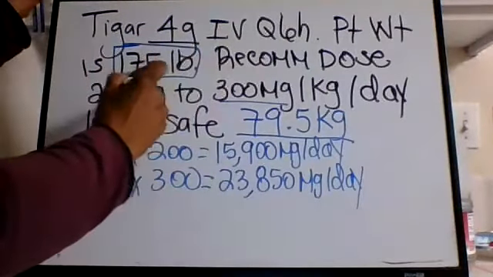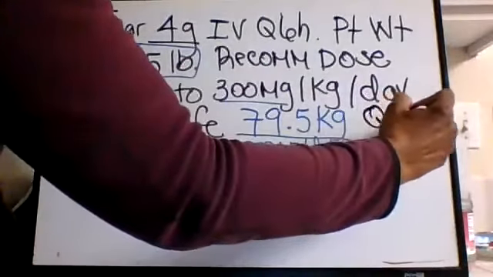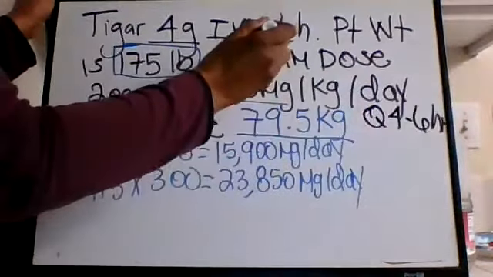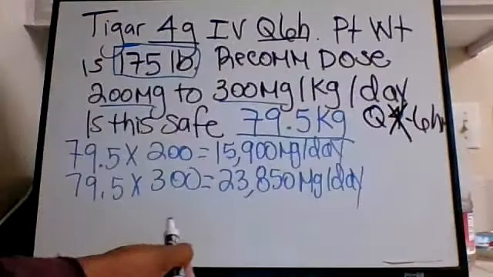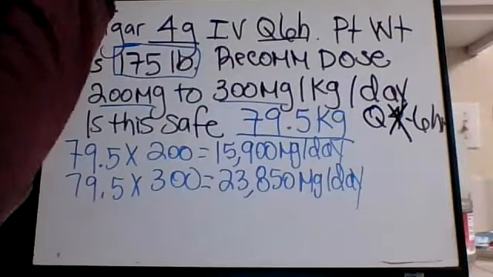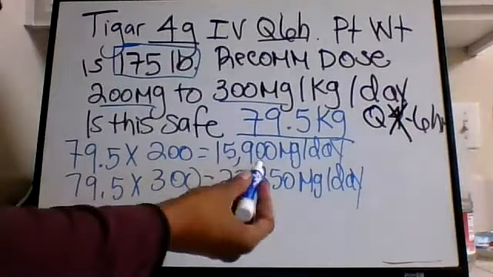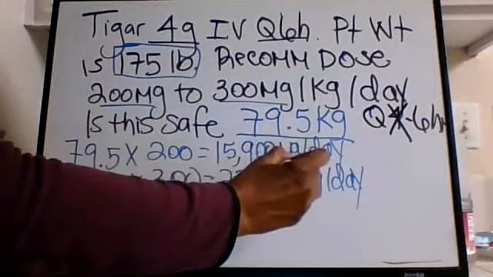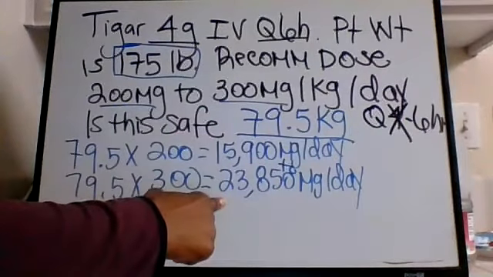So this is 200 to 300 milligrams per day every 4 to 6 hours. But we see the doctor ordered it every 6 hours, so we're not concerned about the 4, okay? All right. Sorry, I don't mean to trip you up with that, but okay. So that is our daily or 24-hour. This is the maximum we can administer, and this is the minimum range.